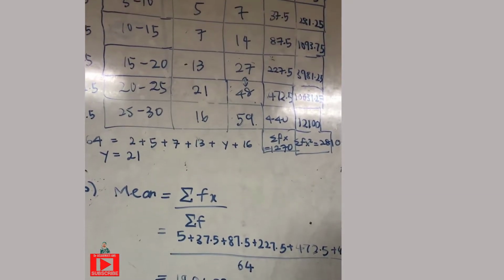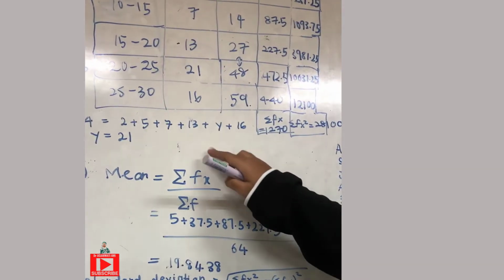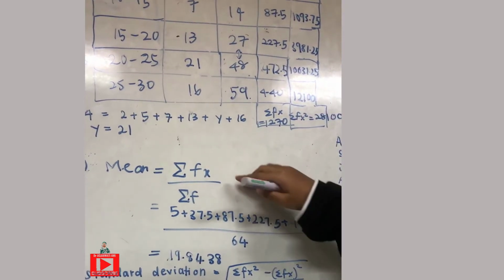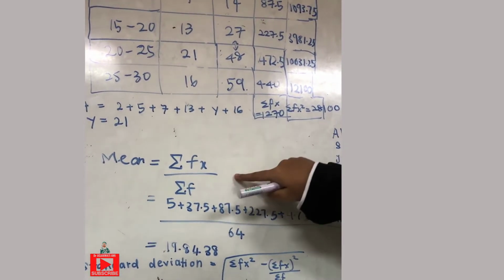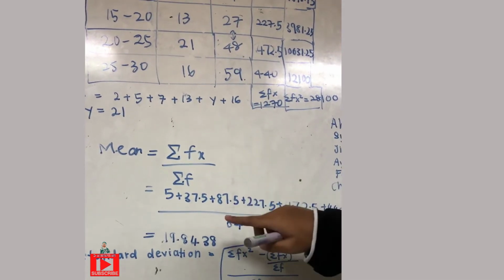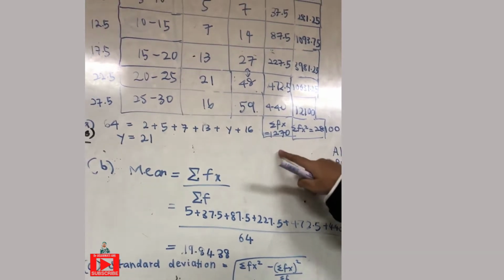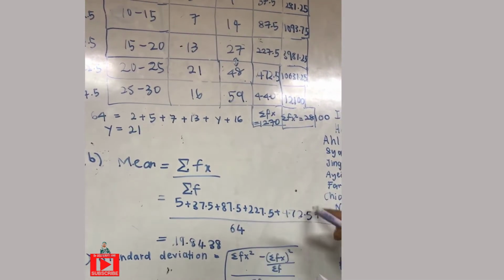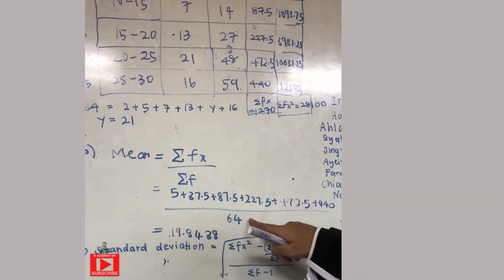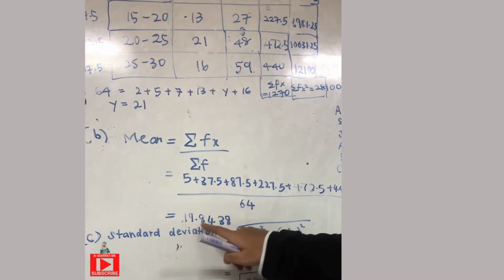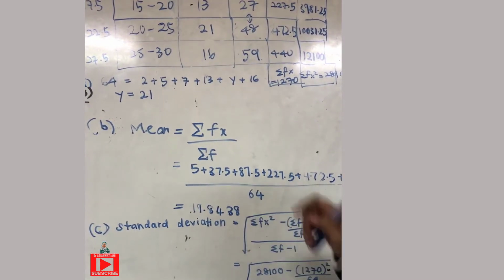So for the mean, we write the formula first, that is total fx over total f. We already calculated total fx, so just substitute here 1270 over 64, so we get 19.8438.